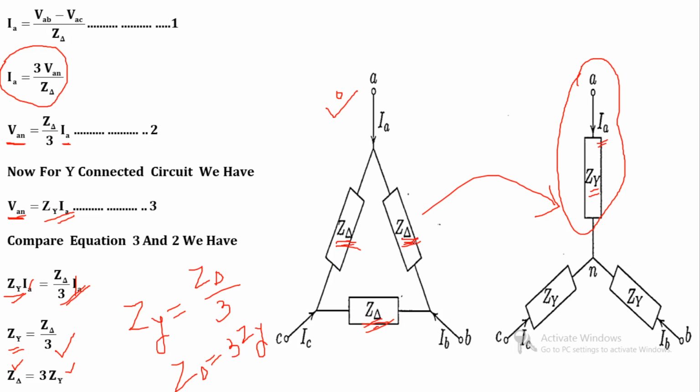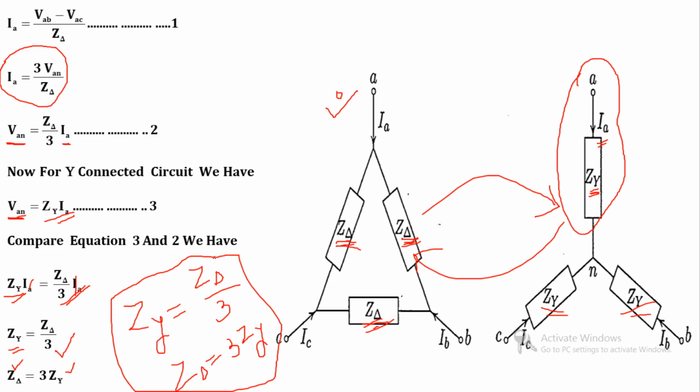Now if you want to convert star to delta, then also you must have the same impedance in all the three phases, equal to ZY. So these two equations, ZY is equal to Z delta by 3 and Z delta is equal to 3 into ZY, are applicable under the condition that all the three phases must have the same impedance. Only then can you use these equations.